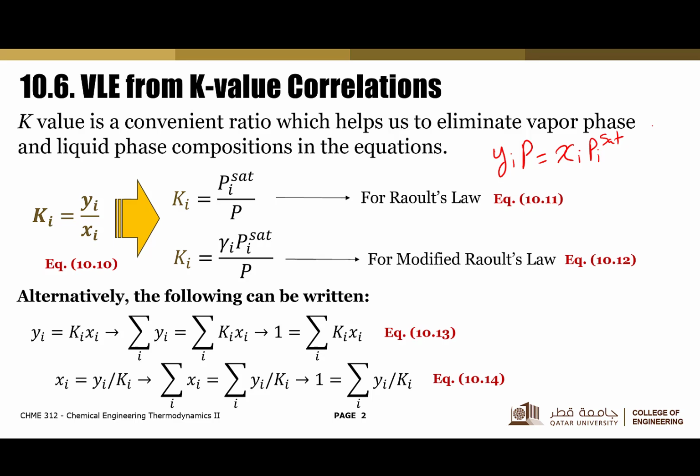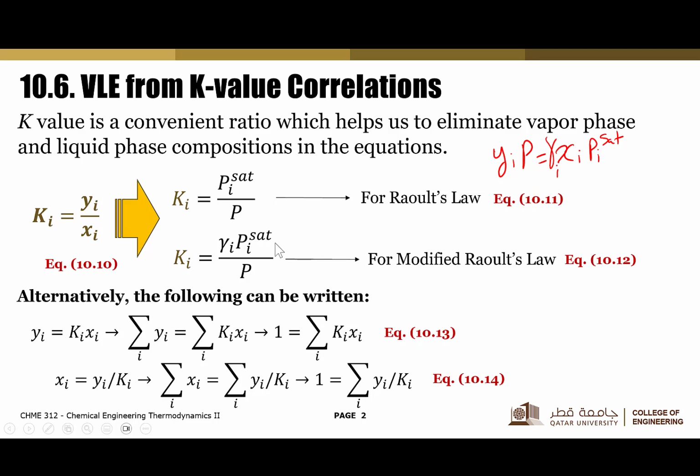So if the ratio yi over xi is K, then I can write Pi sat over P is equal to K. That's from Raoult's law. From modified Raoult's law, we have to add the activity coefficient, gamma i. So K equals y over x equals gamma i Pi sat over P.